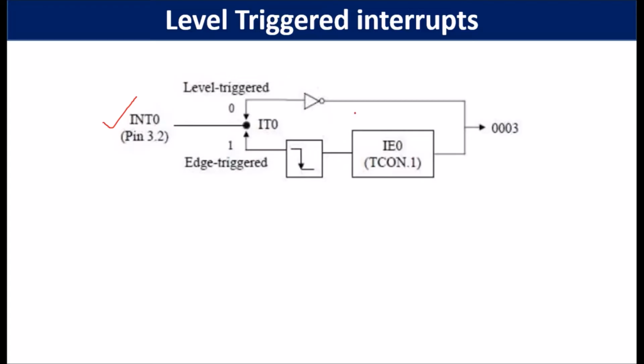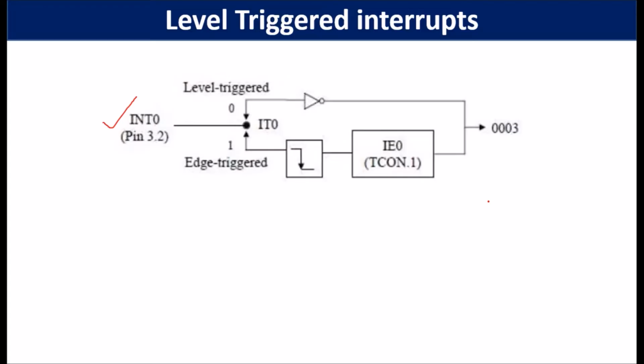Internally there is an inverter. The signal will be given to the microcontroller, which will cause the interrupt, and the microcontroller will execute the interrupt service routine written at the fixed address 0003H. So this is the level triggered interrupt. First we'll discuss the level triggered interrupt, and then we'll go for the edge triggered interrupt.